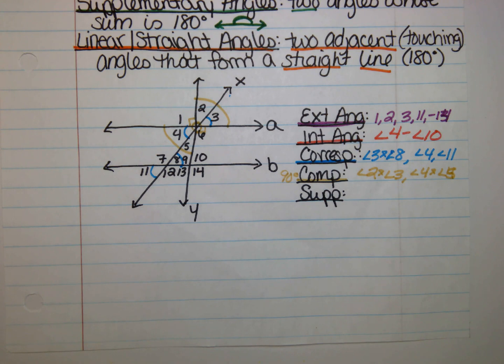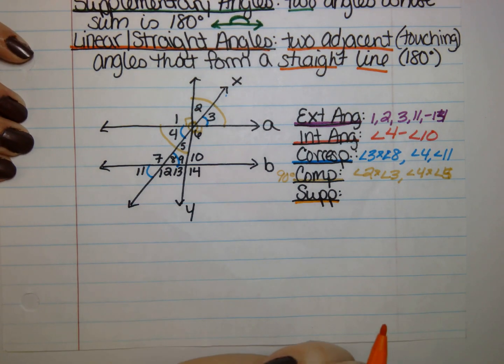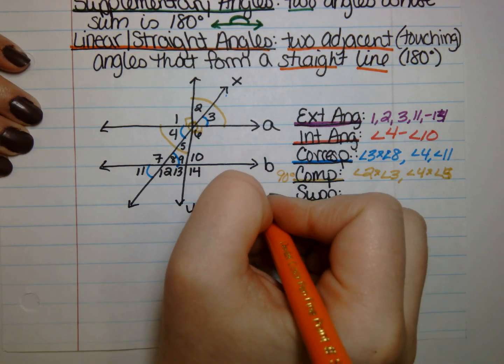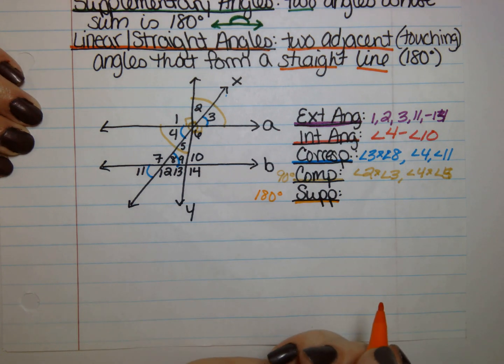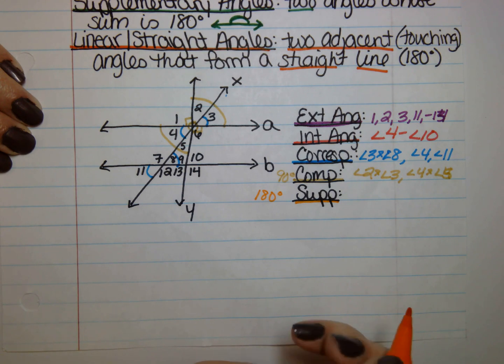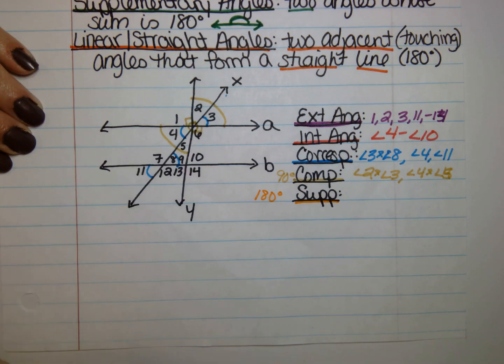And the last one is your supplementary angles. And supplementary angles, we said, were 2 that had to equal 180 degrees. You have a lot more options for these because you have multiple intersecting points.